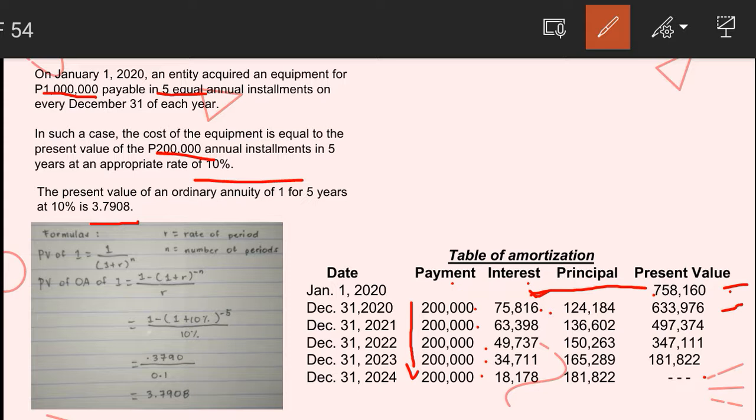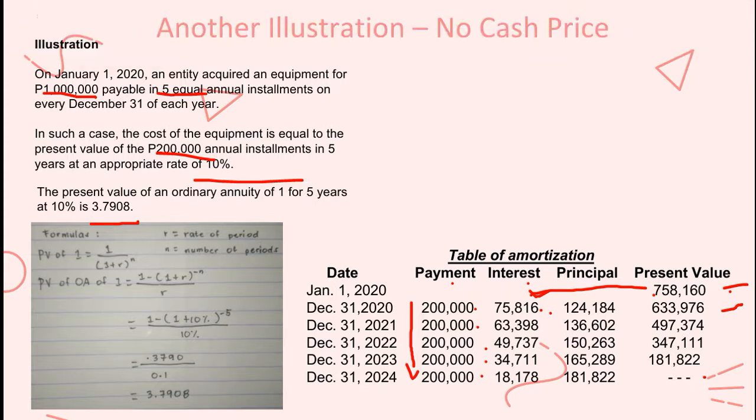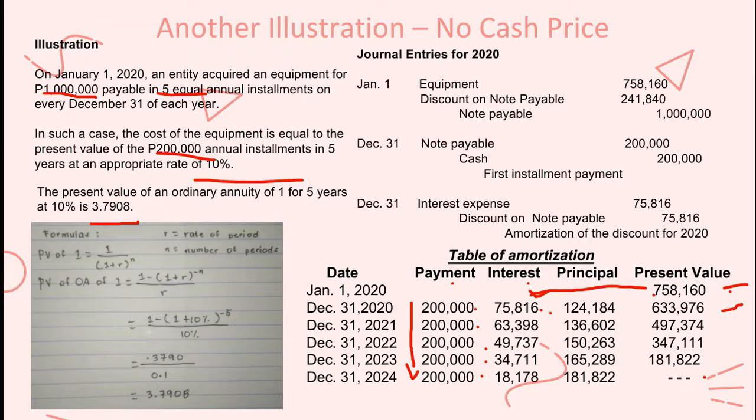Now, let's have our journal entries, since we now have the amounts to journalize. We have our journal entries for 2020, because on January 1, 2020 the entity acquired the equipment. On January 1, the equipment is 758,160.